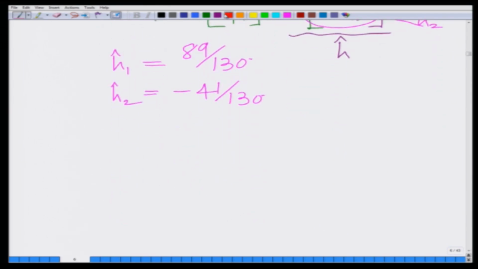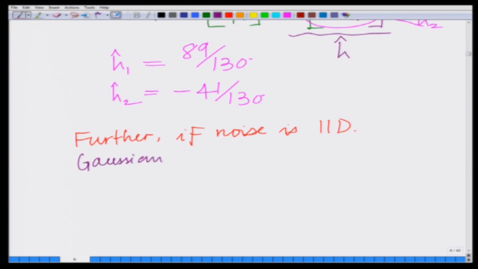Now, further, if the noise is IID, let us consider Gaussian IID noise of variance minus 3 dB.